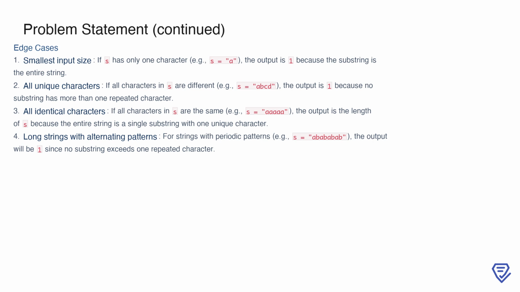On the other hand, if all characters are the same, like S equals AAAA, the output will be the length of the string, which is 5 in this case. For strings with alternating patterns, like S equals abababab, the output would remain 1, as no block of characters repeats consecutively. These edge cases highlight the importance of considering different types of input when solving the problem.